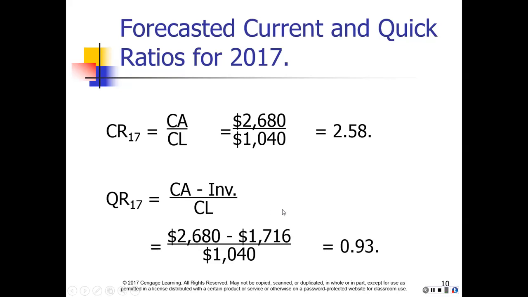When we compute that, the answer is 0.93. So 0.93 is the quick ratio. And of course, that's less than 1. We want it to be more than 1, typically, unless you're looking at special situations like financial companies, banks.